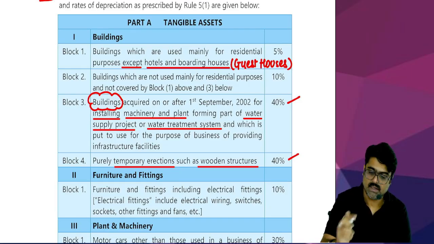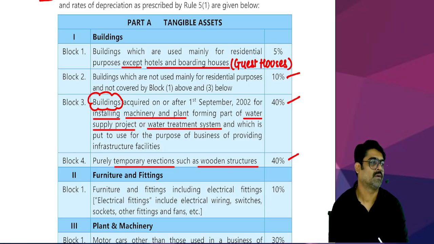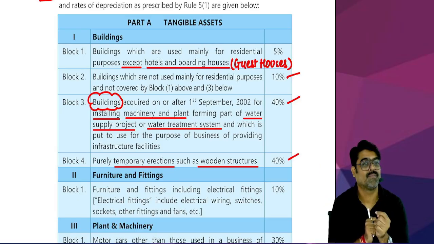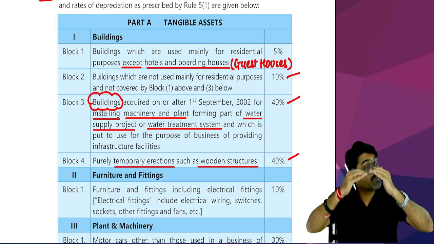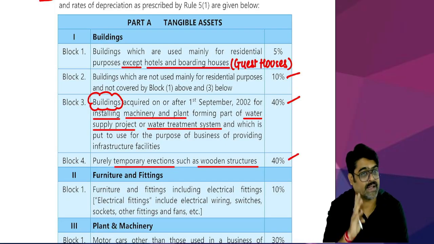The rate of depreciation on those buildings is 10%. Now, do you remember the guest house and hotel you have excluded? That guest house and hotel will also fall under block number 2 only, depreciable at the rate of 10%.